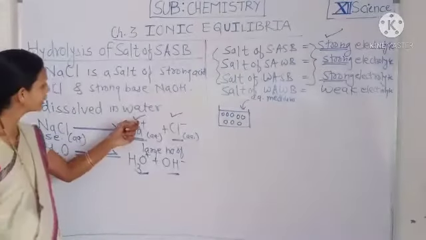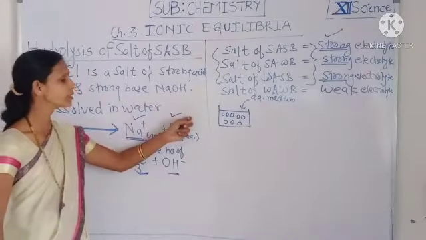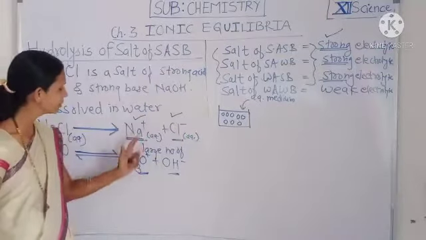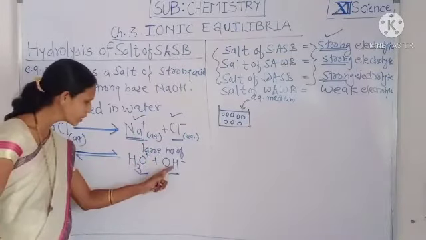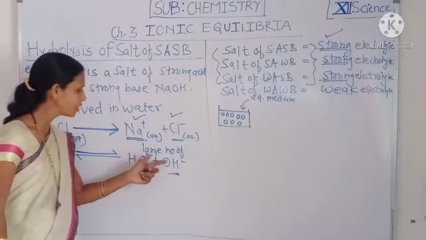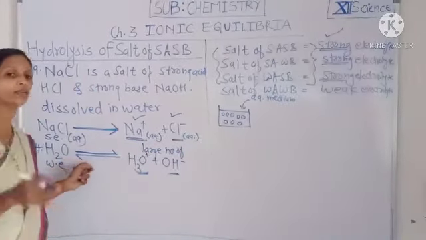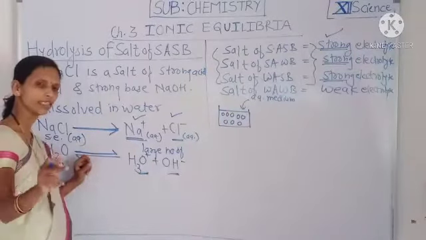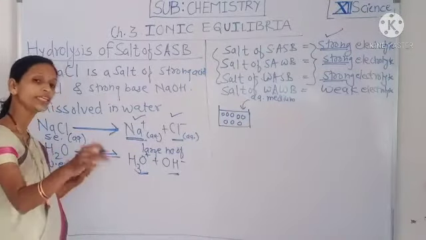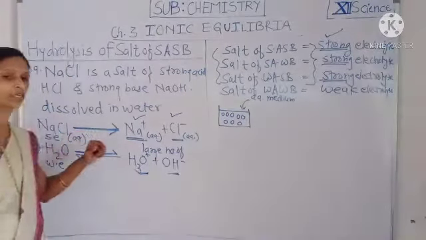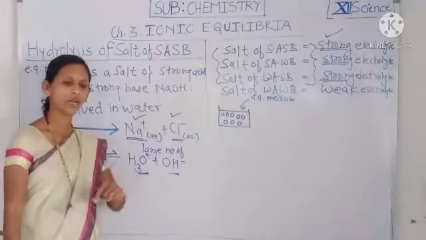That means if the Na plus ion or Cl minus ion or both react with the hydronium ion or hydroxide ion of water, and the solution becomes acidic or basic, then it is said that that type of salt undergoes hydrolysis.